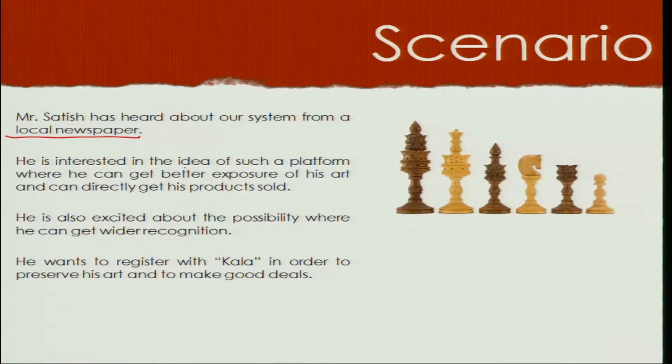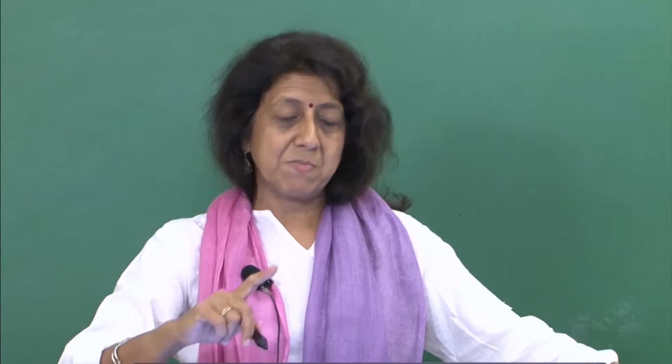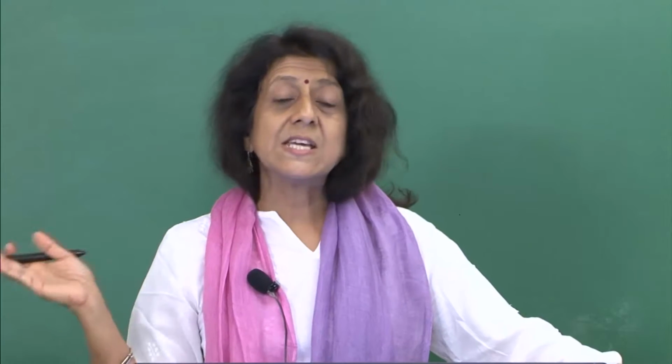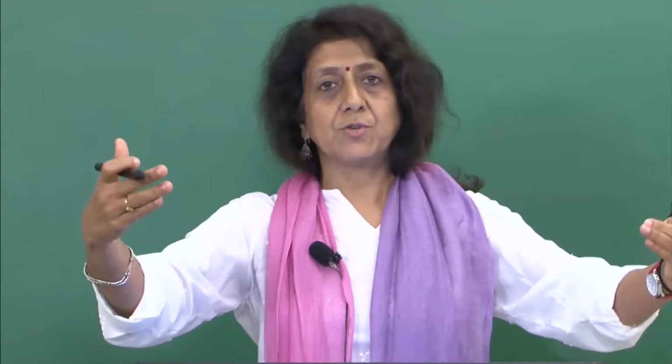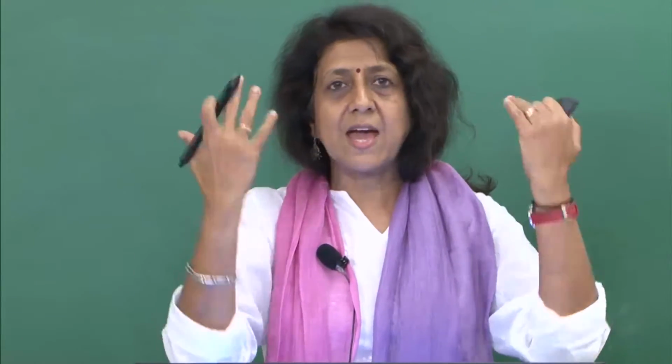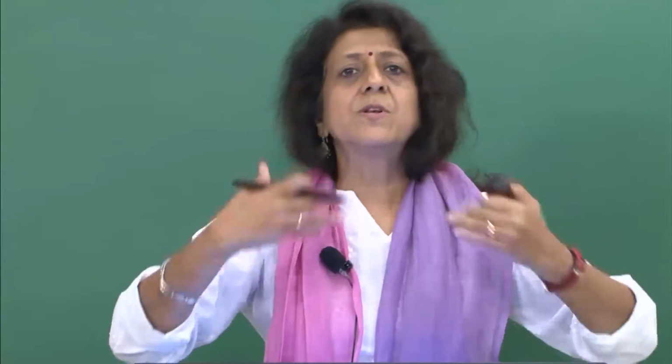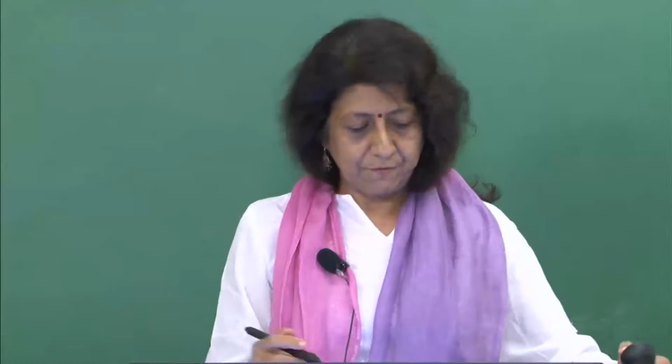He is interested in the idea of such a platform where he can get better exposure of his art and can directly get his products sold. He wants better exposure, directly sell his products. Now remember, one important point to remember, the product doesn't even exist now. You have created this scenario of the future so that you can understand better and be able to predict some more about the future.